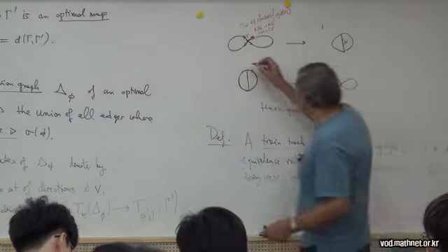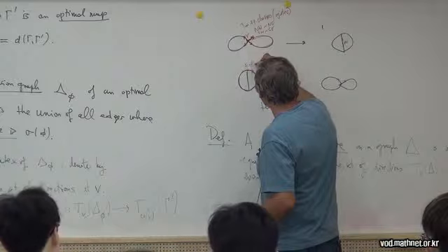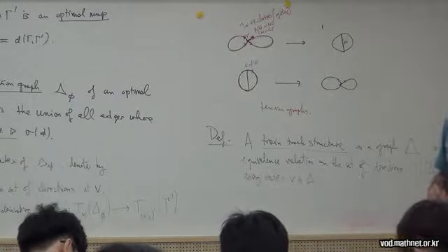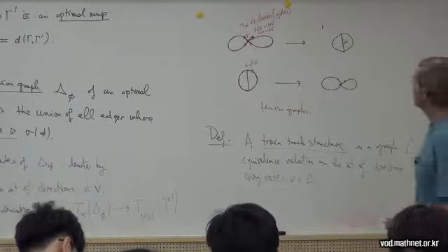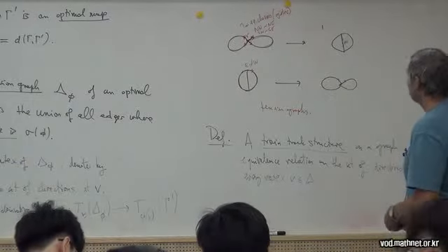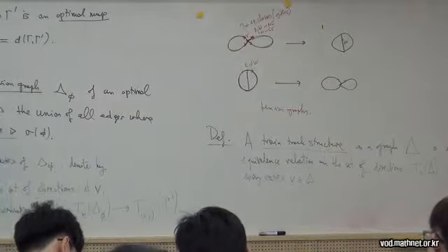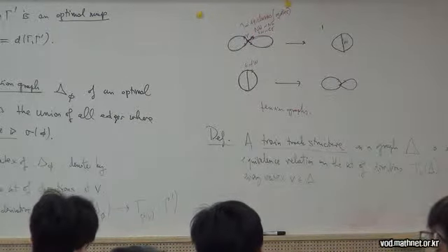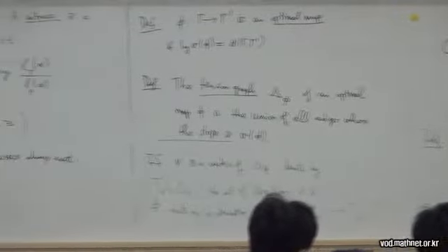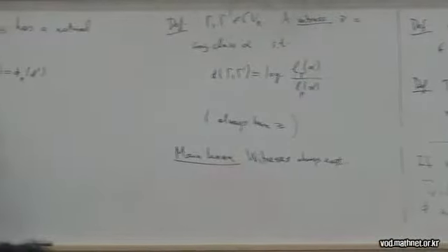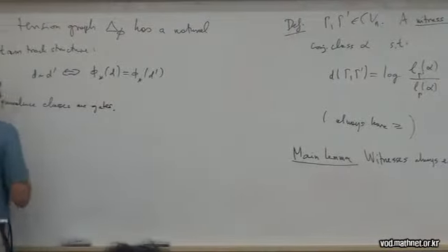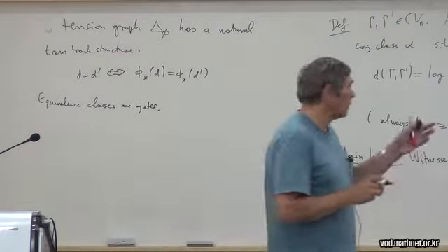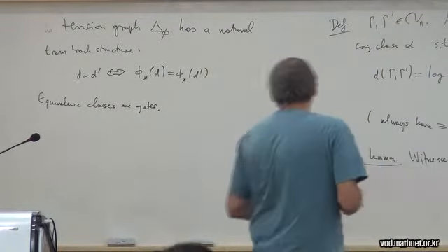So east and west are not equivalent. Okay, so equivalence classes are gates. And also, when we draw pictures, we draw equivalent directions tangent to each other.